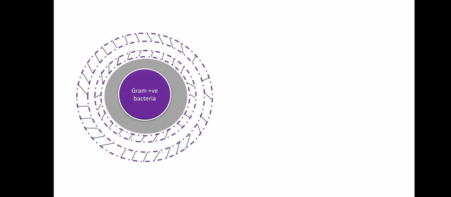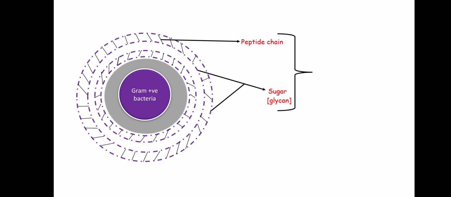Taking a gram positive bacteria, the cell wall is basically composed of a backbone made up of sugar, and sugars are also known as glycan. This sugar backbone is interconnected by a bridge, which is a peptide chain. So together the bacterial cell wall can also be called a peptidoglycan cell wall, since it is composed of glycan, that is sugar, and a peptide chain.